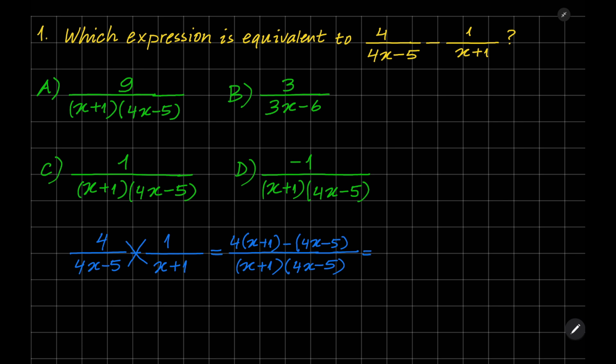This is equal to 4x plus 4 minus 4x plus 5, divided by x plus 1 times 4x minus 5.